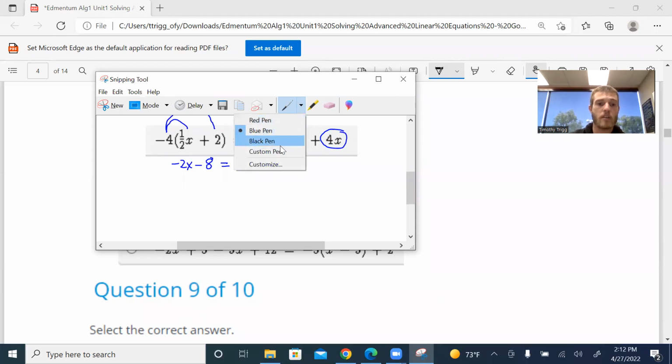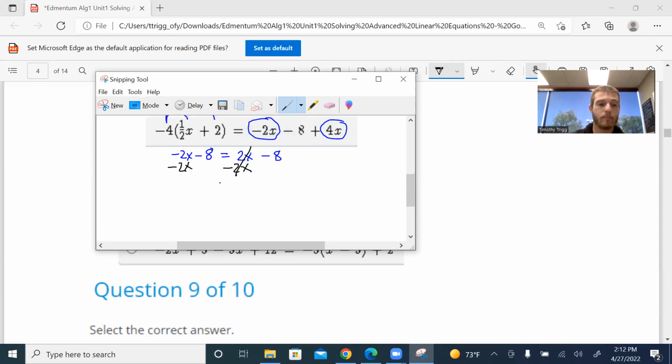Notice there's x's on both sides of the equation. I don't like that. So we're going to go and subtract 2x, canceling the x's here. That gives us -4x minus 8 equals -8.